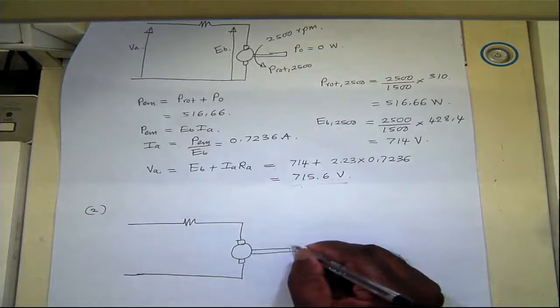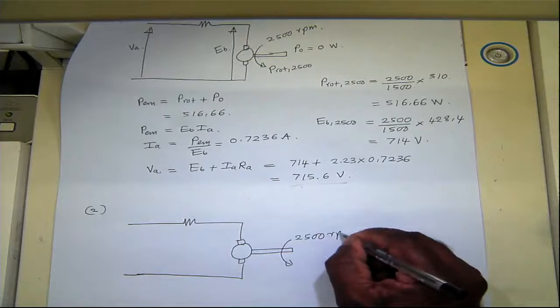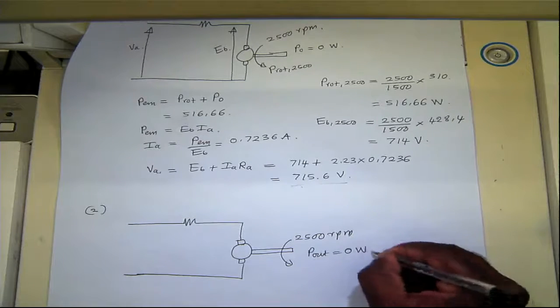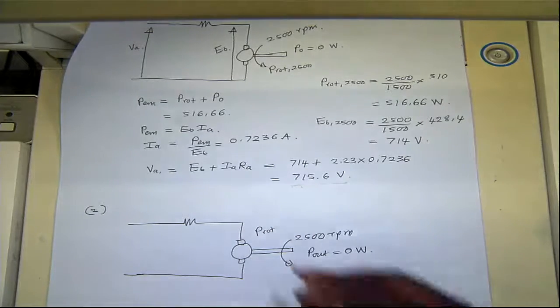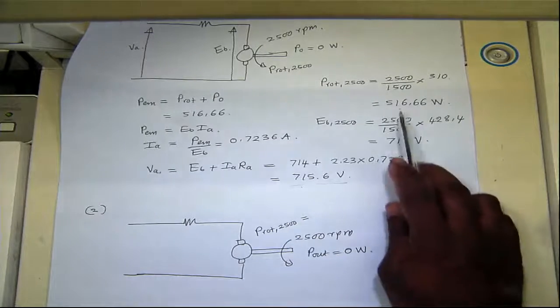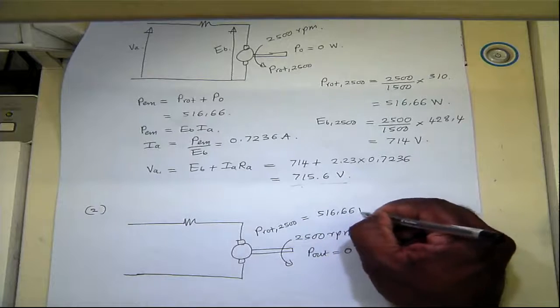We assume this is running at 2500 RPM, no load, so P out is 0, and the rotational losses don't change, so it's still 516.66 watt.